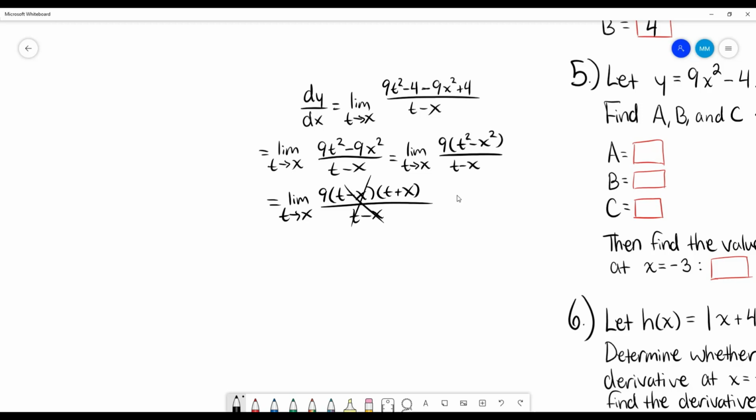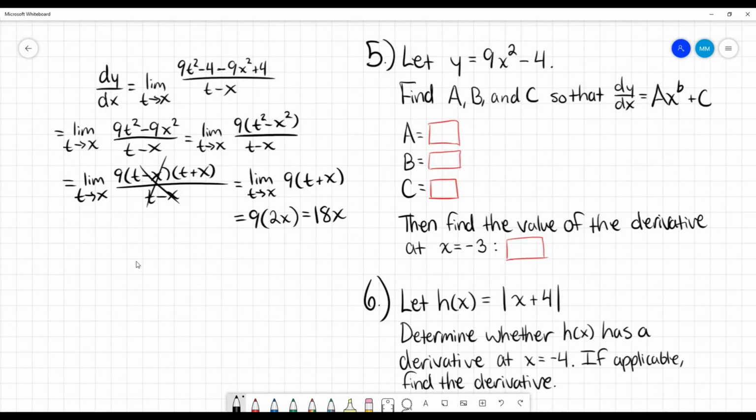Now these cancel. We've just got the limit as t approaches x of 9 times t plus x. If we plug in that x, it's going to be 9 times x plus x, or a 2x, which means we get 18x.